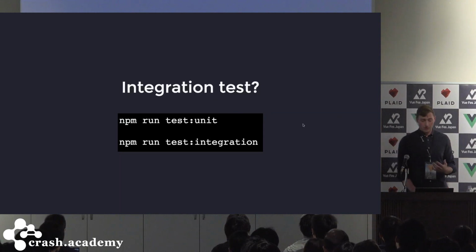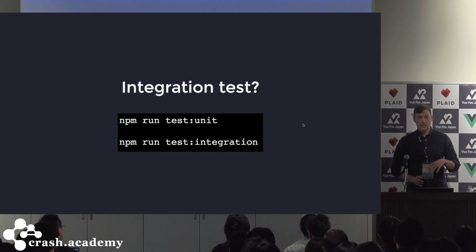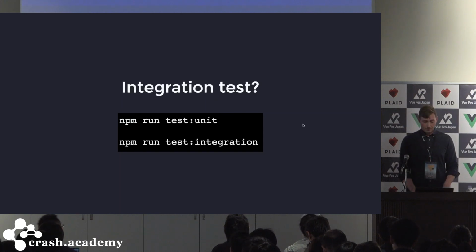Unit tests run very quickly, whereas end-to-end tests would need to start a server and take a lot longer to complete. So in that case, it makes sense to split up your unit tests and your end-to-end tests into different scripts, so that you can still run unit tests quickly without having to run end-to-end tests and start a server.